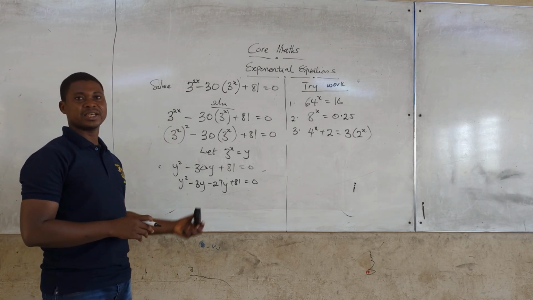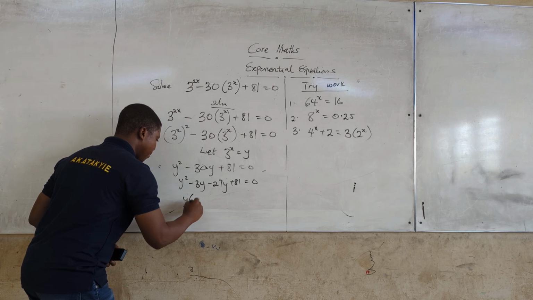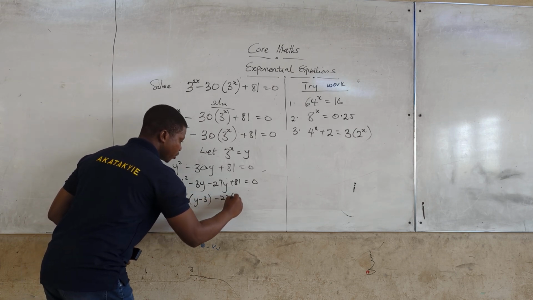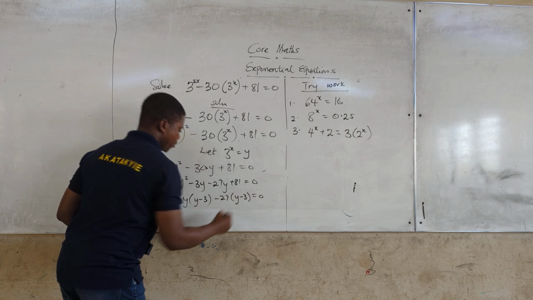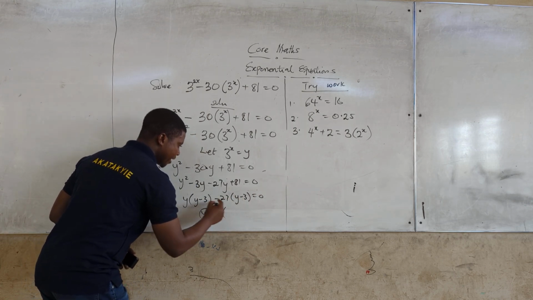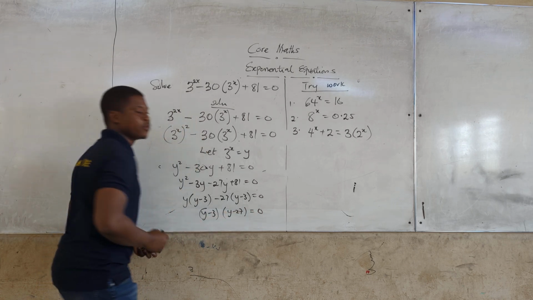Alright? So with this, we can now factorize or simplify this. So y out, y minus 3, minus 27 out, y minus 3 equal to 0. So y minus 3 into brackets y minus 27 equal to 0.